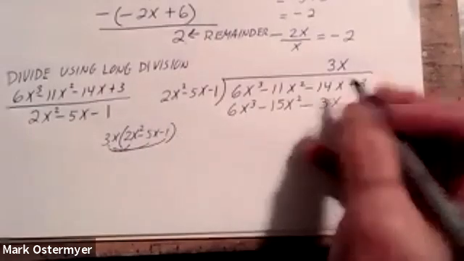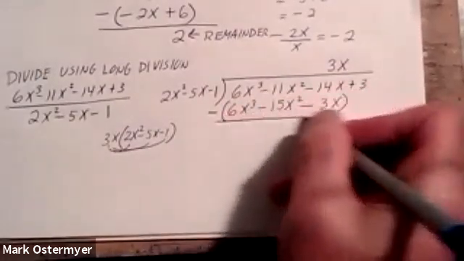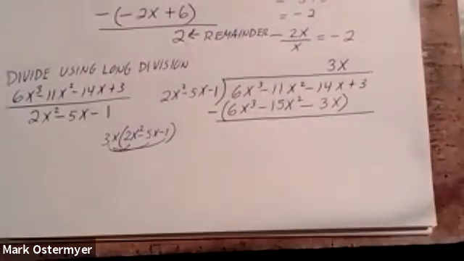And then we subtract off this whole polynomial. Got to subtract the whole thing off.